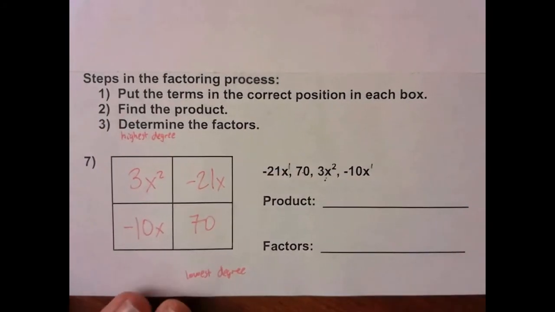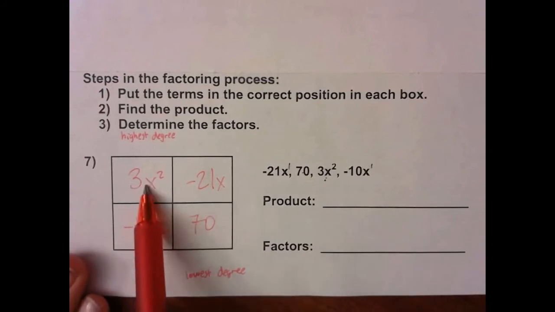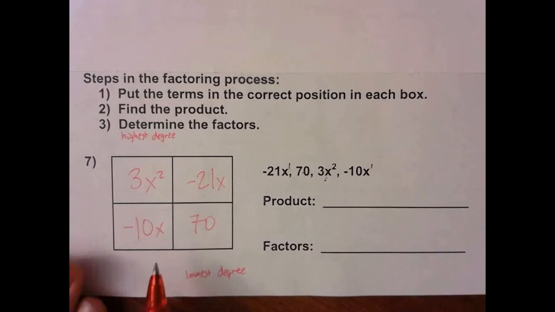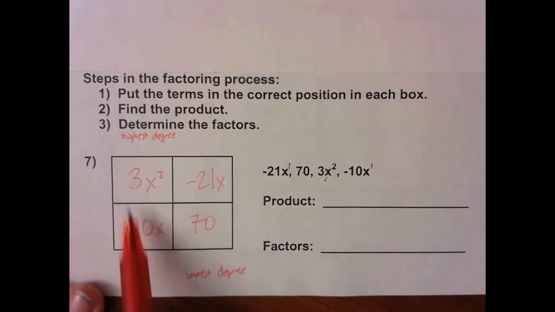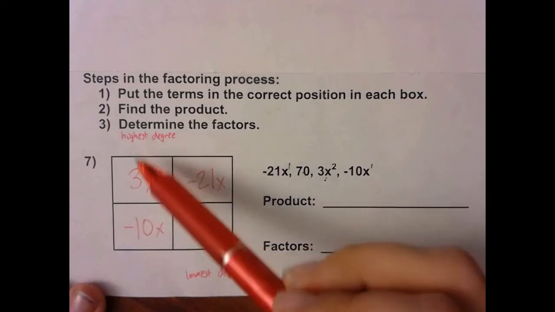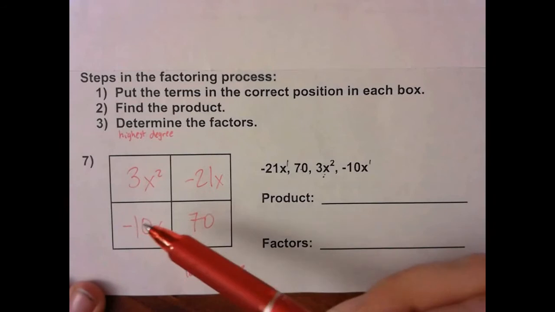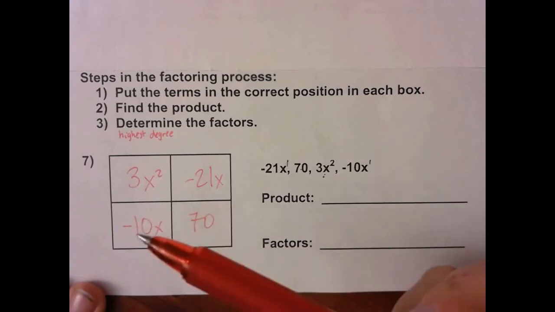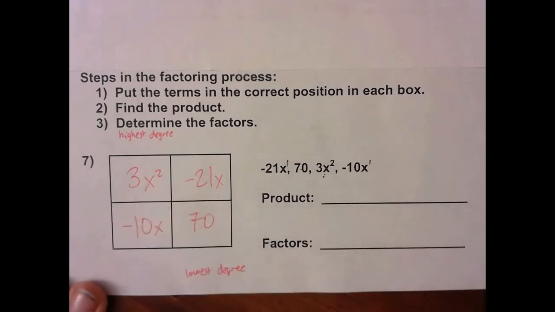All right, now we're going to do just like we did before. So ask yourself, what do 3x squared and negative 10x have in common? Well, 3 and 10 don't have anything. For 3, you can only do 3 times 1. For 10, you can do 2 times 5, 1 times 10, that's it. So the only thing they have in common is x.